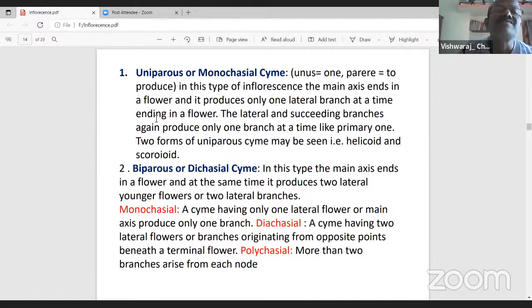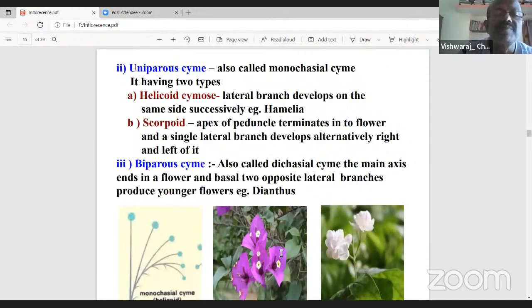Only one branch: suppose on one pedicel, one flower, they produce again only one lateral branch with one flower, and they again produce one branch. Example here: one main pedicel produces a flower, then a second branch produces a flower, then again a branch, and this is helicoid.